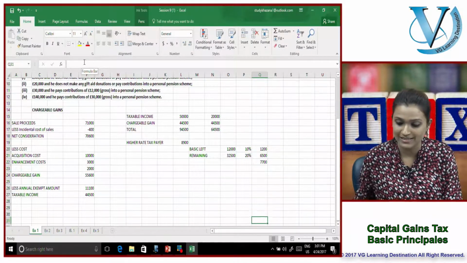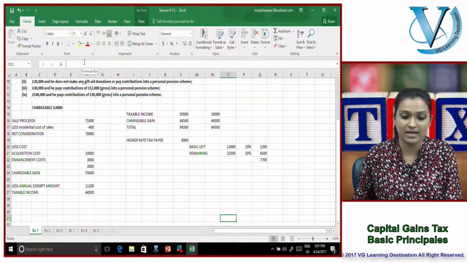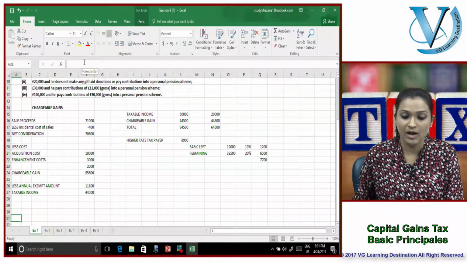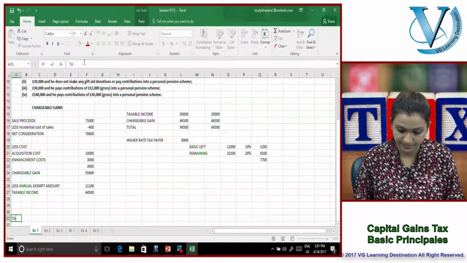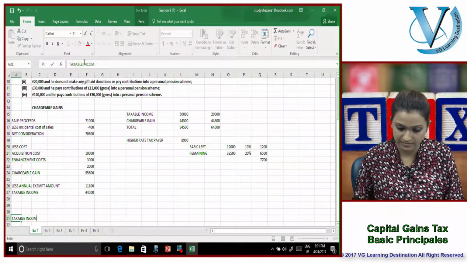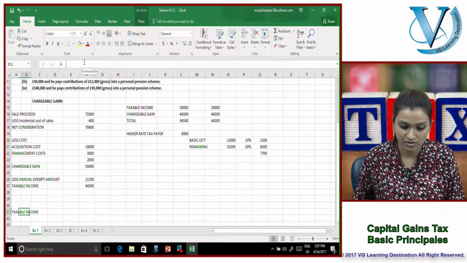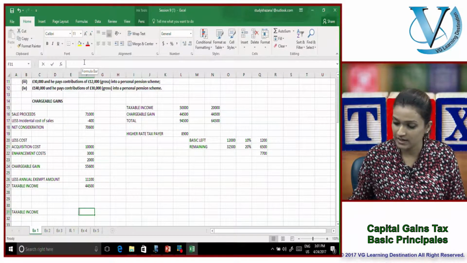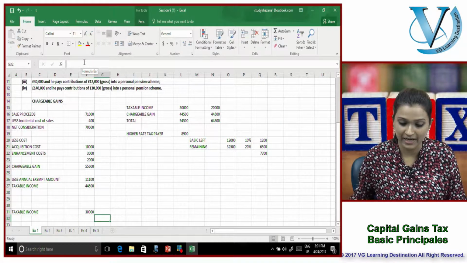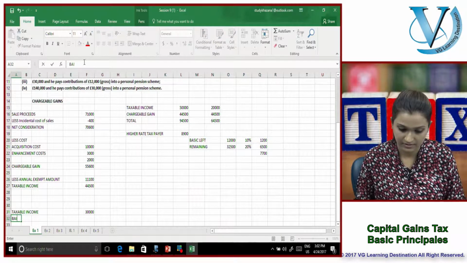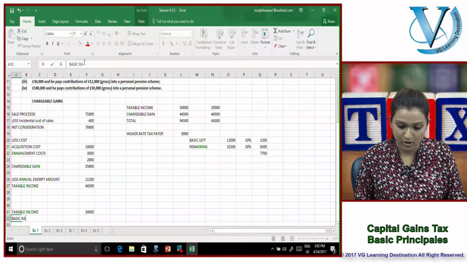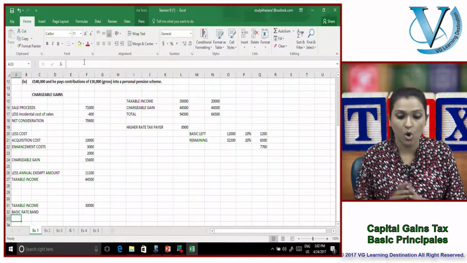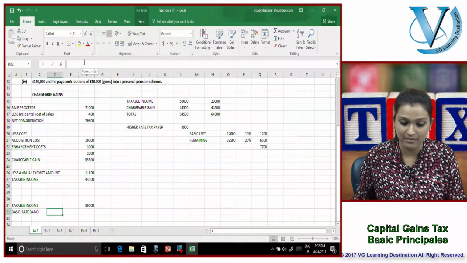Now let's move on to part C of the question. 30,000 and he pays contribution of 12,000 into a personal pension scheme. Taxable income is how much? Under income tax it is £30,000. What is your rate band? Your basic rate band, because there has been a contribution to personal pension scheme.